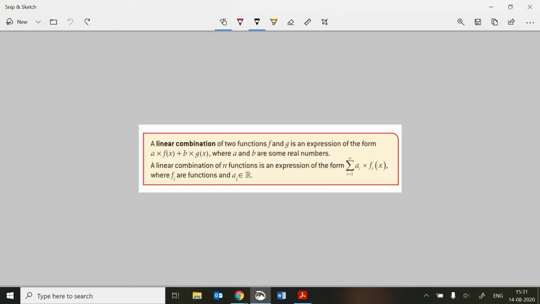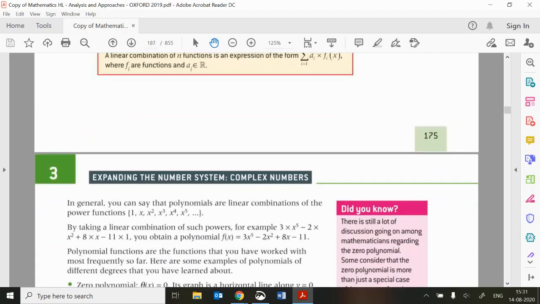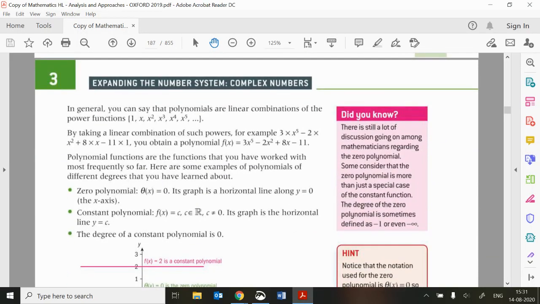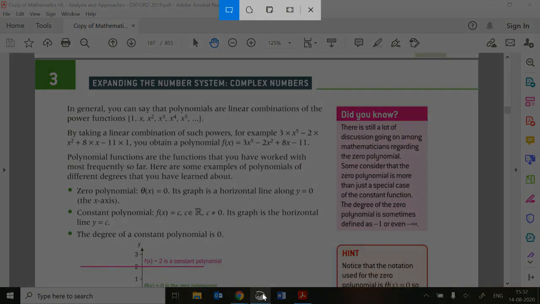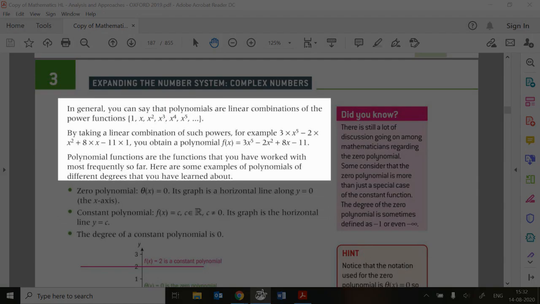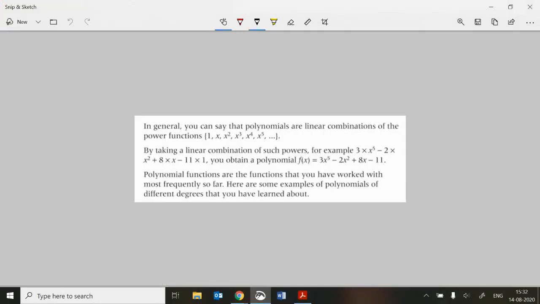And it's just to say, well, here is a definition that defines us adding together many functions, all of which are times by a. Now, more interestingly, next is they say, well, actually, in general, just take this one as well. So it's saying here that in general, you can say that polynomials are linear combinations of power functions.